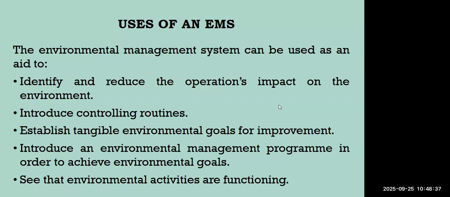Let's say, for example, I have a sawmill, right? Can you tell me how an EMS can identify and reduce my company's impact on the environment? In the case of a sawmill, how can the EMS help to identify and reduce the operation's impact on the environment? Anyone?